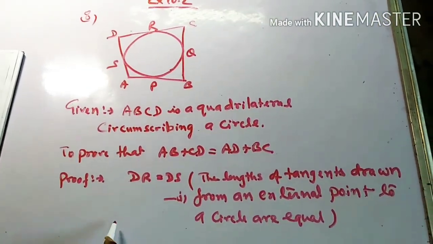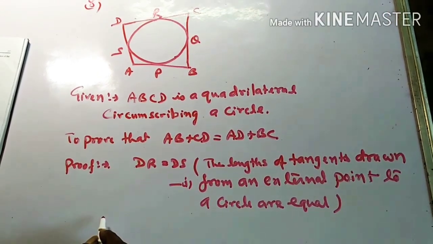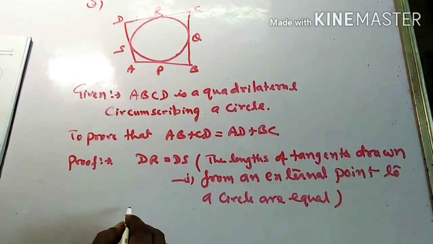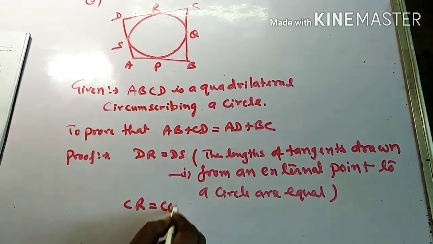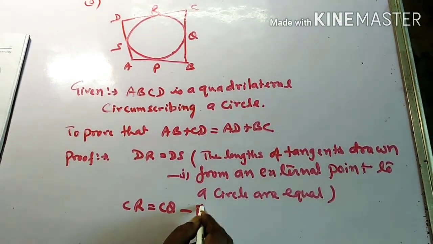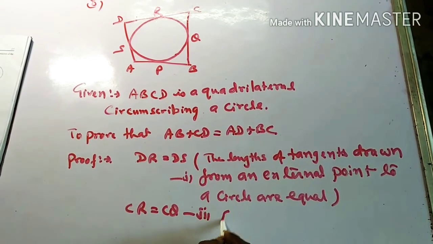So DR is equal to DS, equation 1. Now again, similarly, I can write CR is equal to CQ, equation 2. Same theorem.